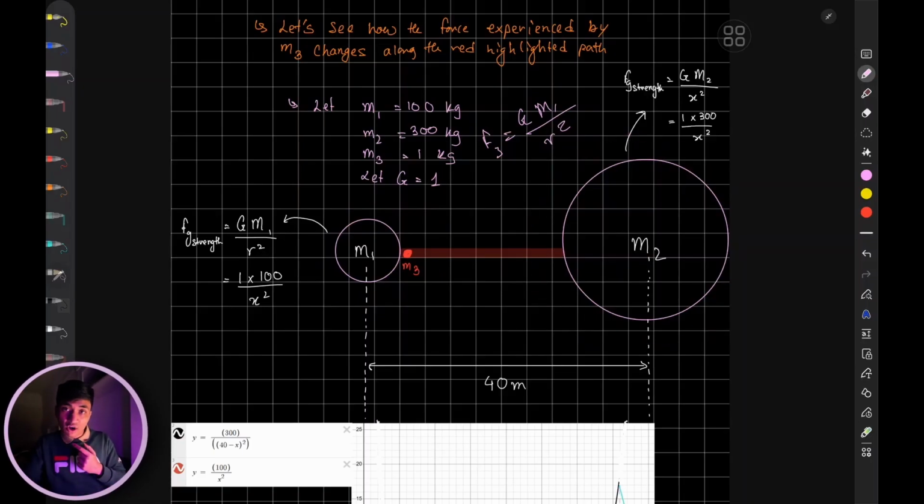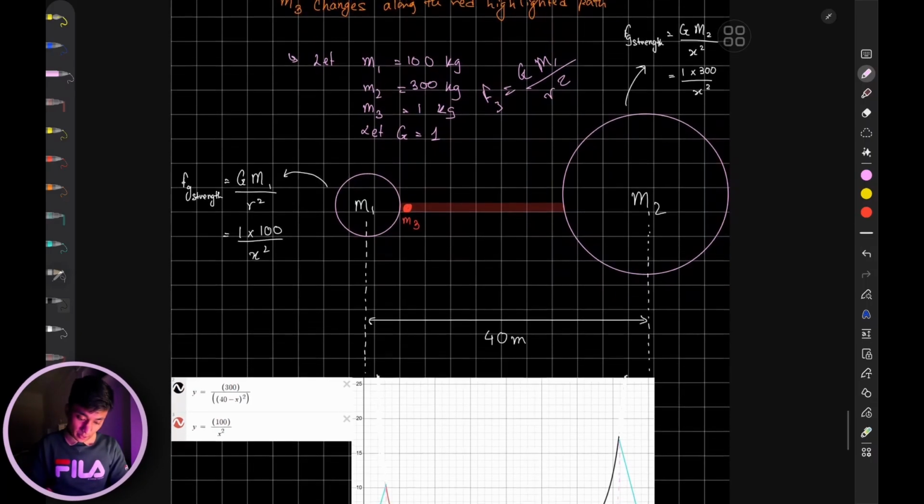So I want to move M3 around in that space. Okay? So what I actually do is sum up the gravitational field of M1 and of M2. And that net gravitational field is the force felt by a third 1 kg of mass. Get the concept? Okay?